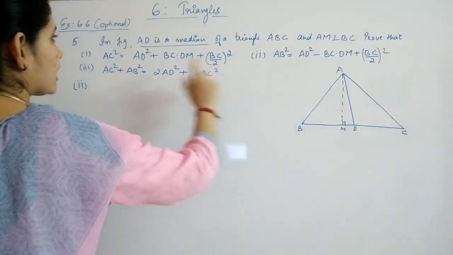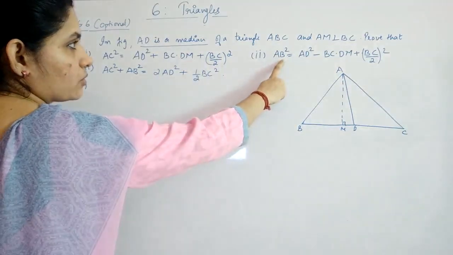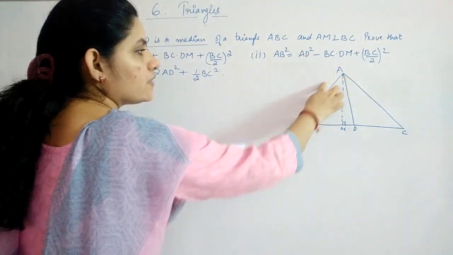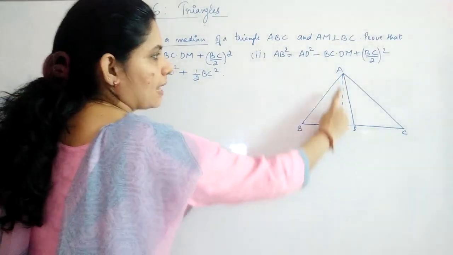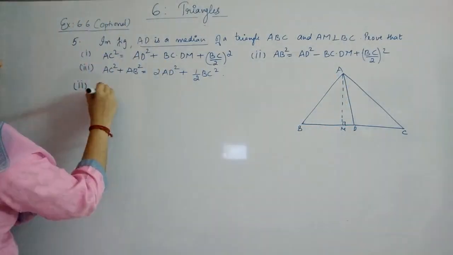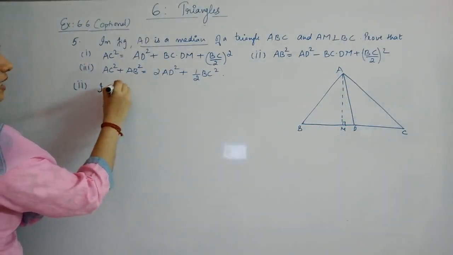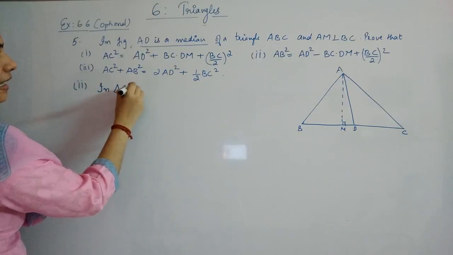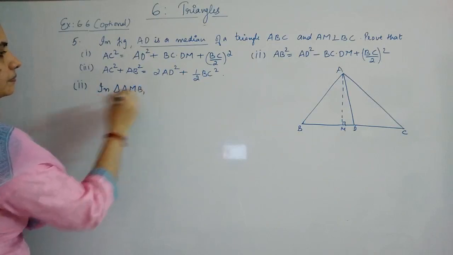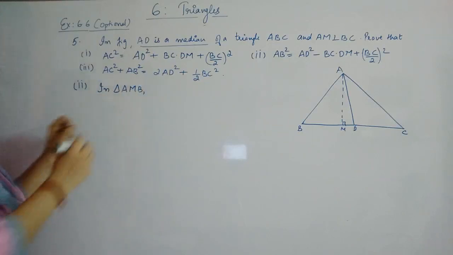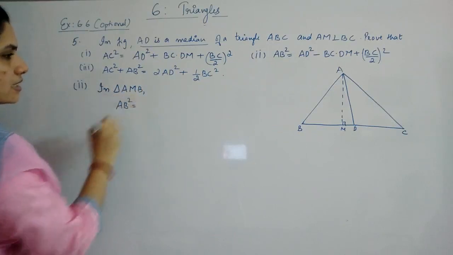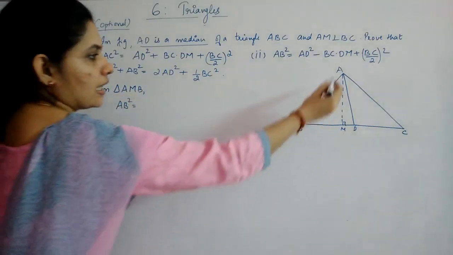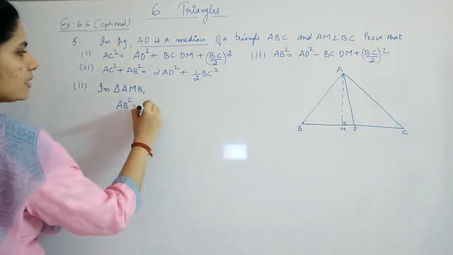Now going to the second subdivision, you have AB square is equal to, so we will consider the triangle in which AB is the hypotenuse. So ABM can be considered. In the second subdivision, you will start with triangle AMB. Again it is right angled, so you can use Pythagoras theorem and you will get AB square is equal to AM square plus MB square.